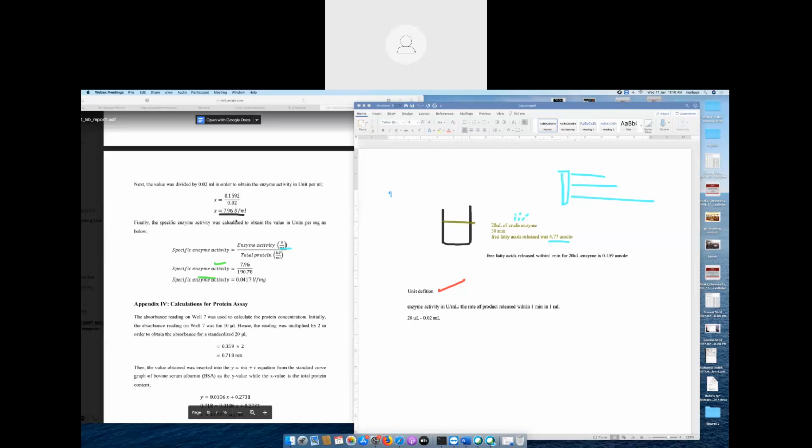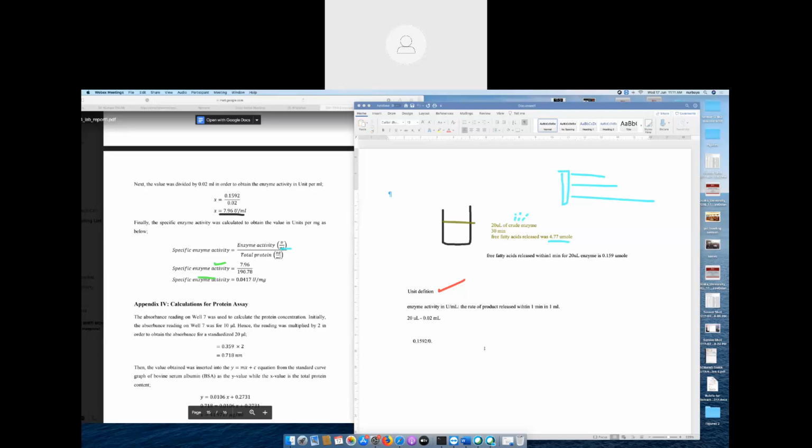If you get confused at this step, why suddenly you divide by this, you can do it slowly and manually. You can just calculate 0.159 divided by 20 microliter.